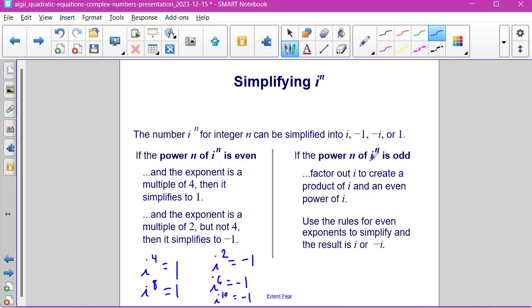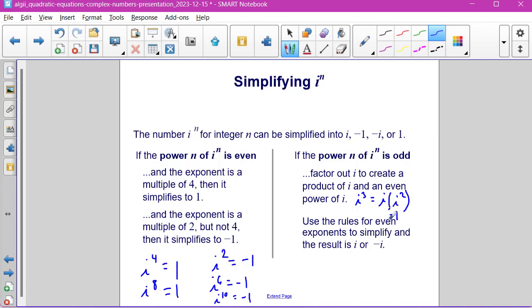If the exponent n in i to the nth is odd, then you can factor out an i to create a product of i and an even power. So when we had i to the third, we rewrote it as i times i squared, because we knew that i squared was -1.